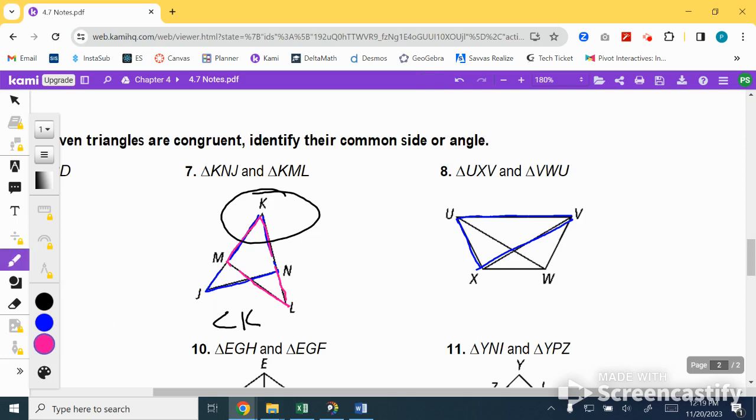So VWU, V, W, U. So now what's in common in both of these triangles? Well, I do see one side that has pink and blue going the whole way, and that's this one right there. So my answer for this one is going to be line segment UV.